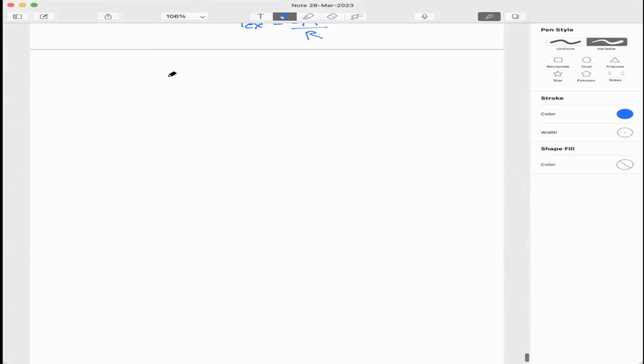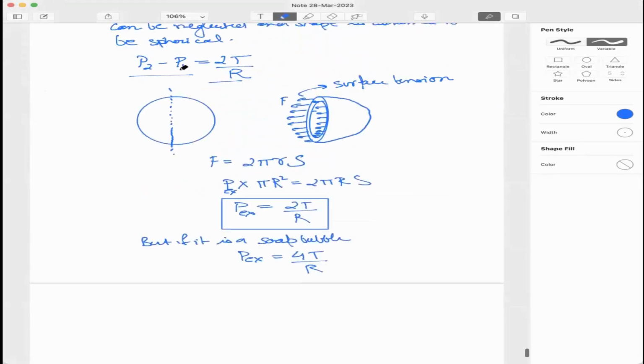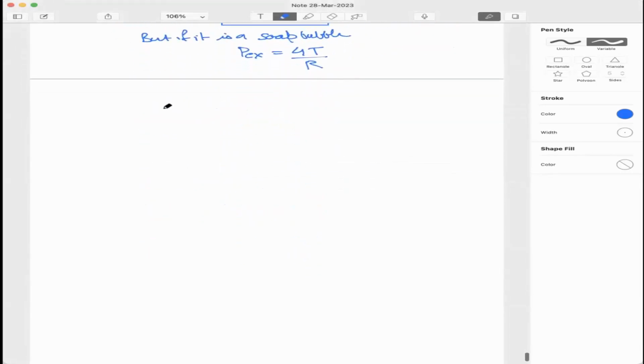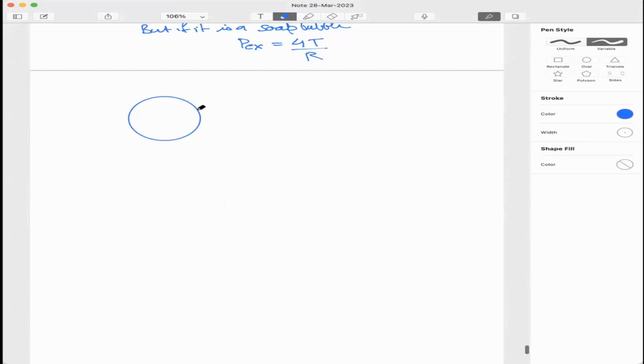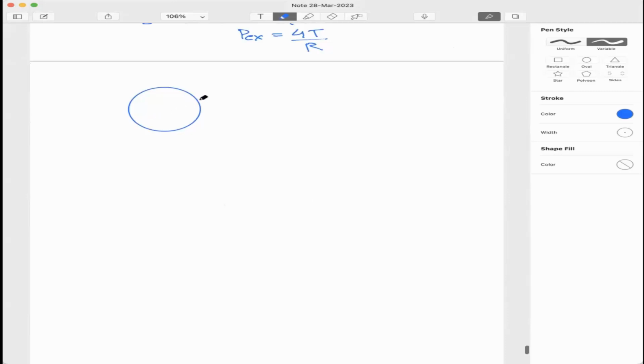So we have this bubble, and let's say you are expanding it.